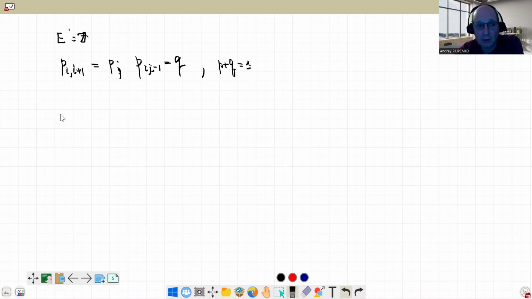And let's find conditions of transience and recurrence. So the state J is recurrent if and only if the sum of p j j n is divergent.